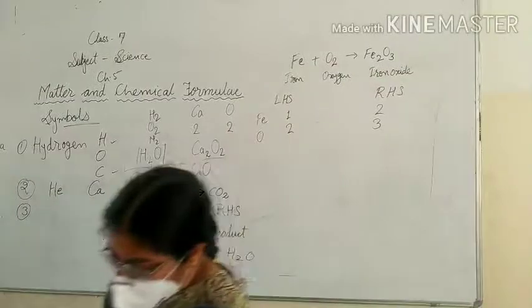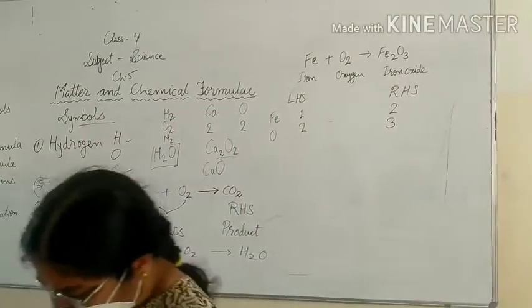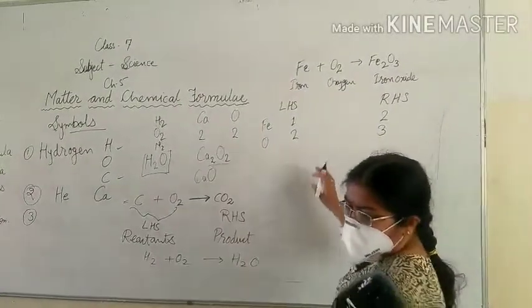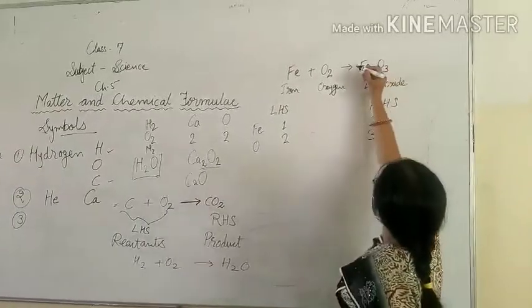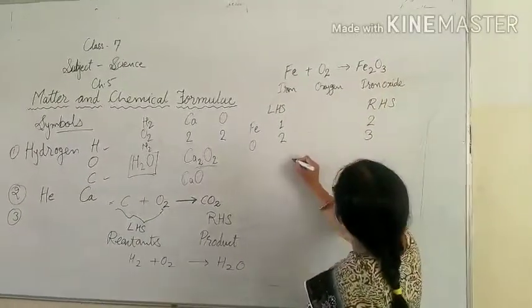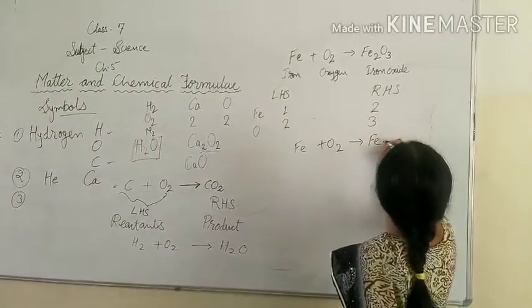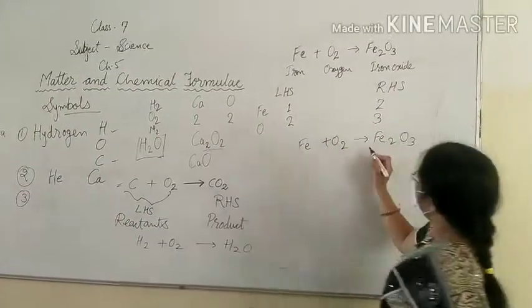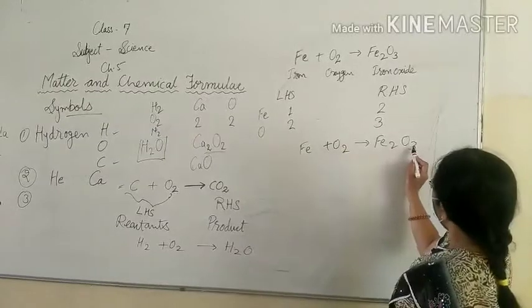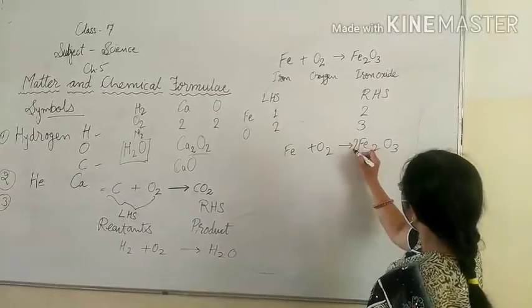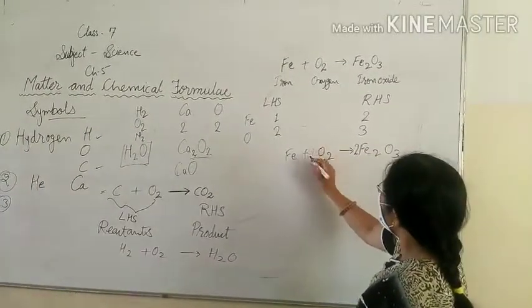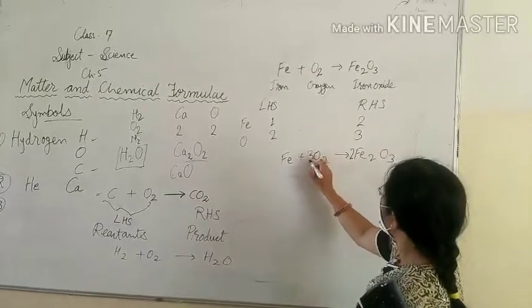To do this, we will write in this equation Fe plus O2 gives rise to Fe2O3. Here we will write the coefficients. We can write here 2, and this oxygen will be balanced if we write here 3.